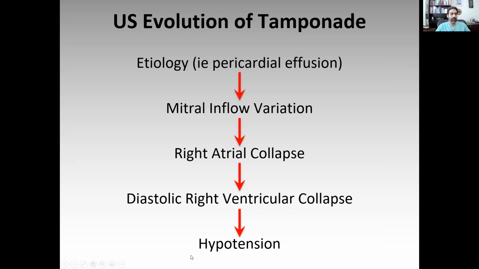Okay, so this is when it starts to actually become clinically apparent on vital signs. So your early indicators of tamponade, like mitral inflow variation, are more sensitive, less specific. Your later indicators are more specific, less sensitive. Okay.